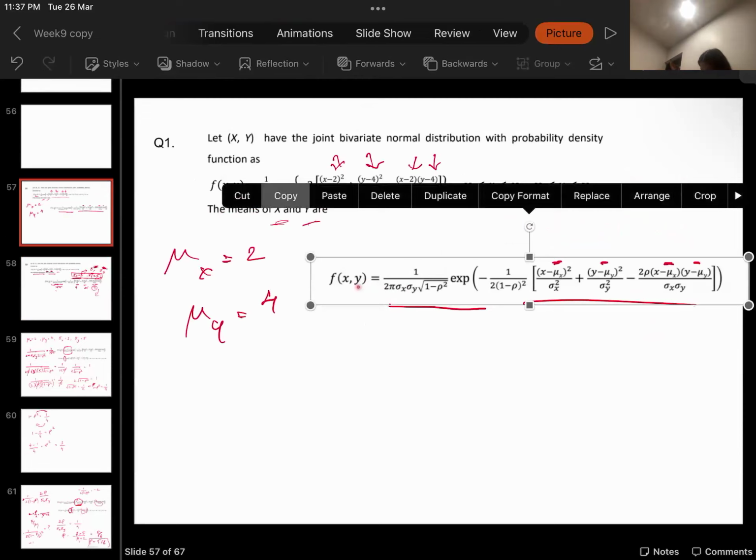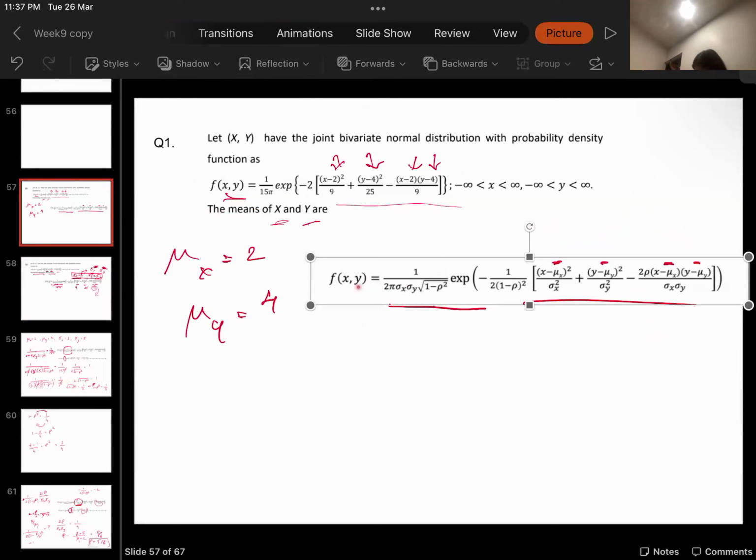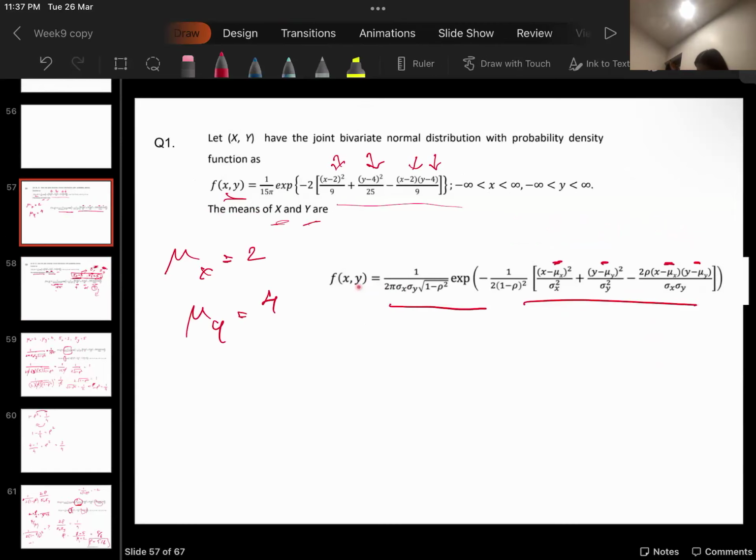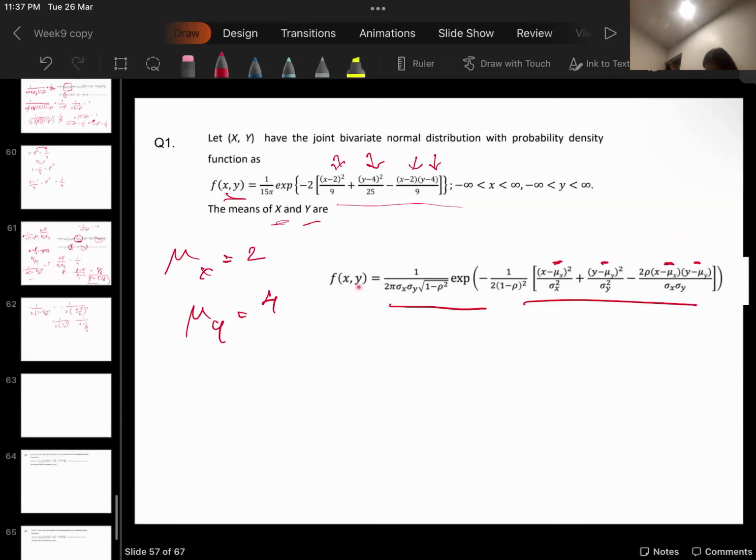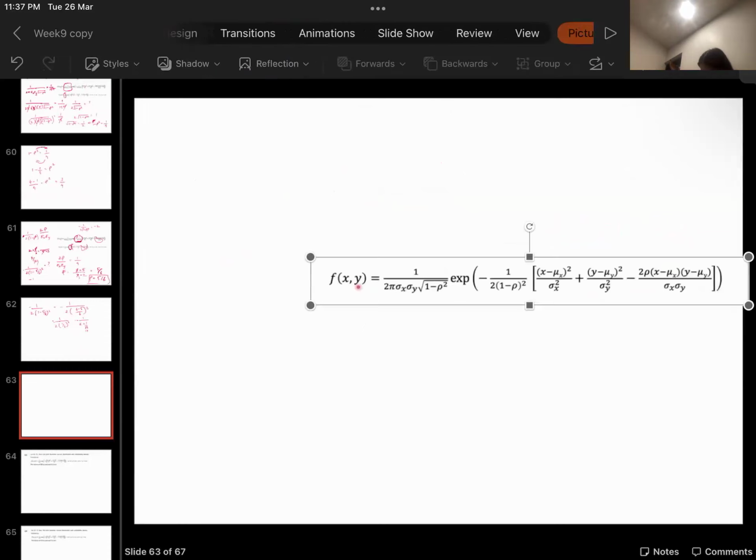But I'm pretty sure in the exam you shouldn't be given this kind of complicated one; you should be able to make it out directly from the formula. That was the whole point of the question.